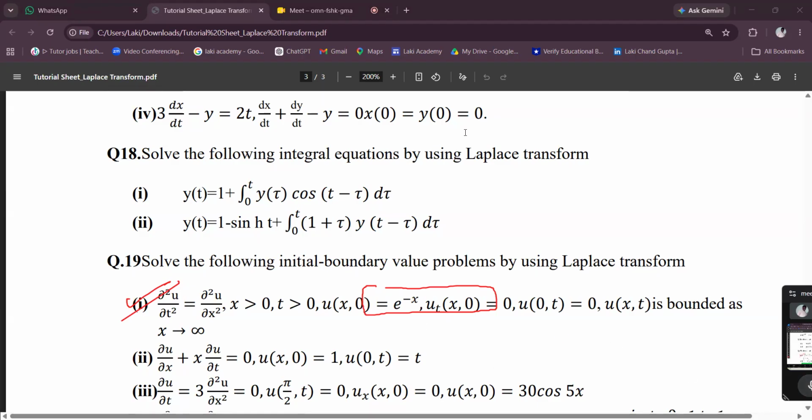You solve this, give me 1 minute. By then I am restarting the system.